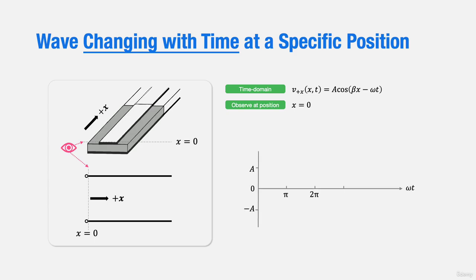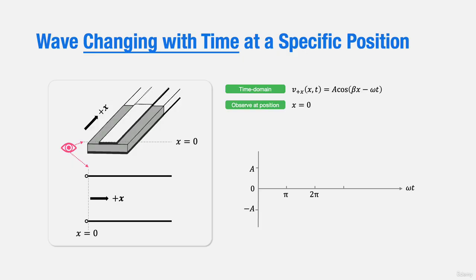Now let's stand at a fixed position at x equals 0 and observe how the wave changes over time at a specific location in space. We can represent time using the horizontal axis with the scale on it as omega t.